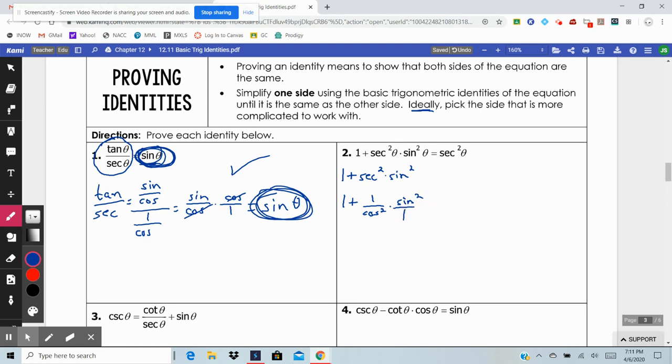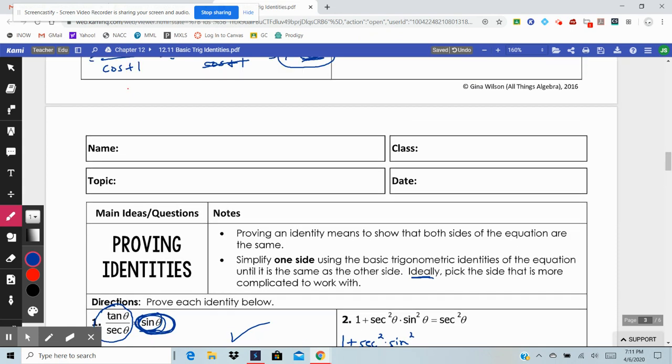To multiply those two together, you multiply tops and bottoms, and that gives me 1 plus sine squared over cosine squared. I know that sine over cosine is tangent, so that'd be 1 plus tangent, and since it's sine squared over cosine squared, that'd be tangent squared. And if you don't remember, let's scroll up.